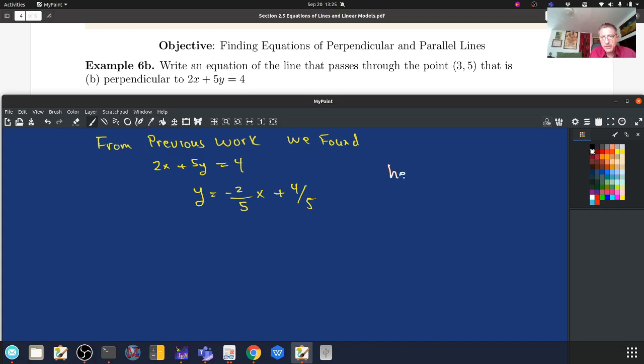Hence, our slope m1 is equal to minus 2/5. So all I need first is to find my slope m2. m2 is going to be the slope of the perpendicular line.